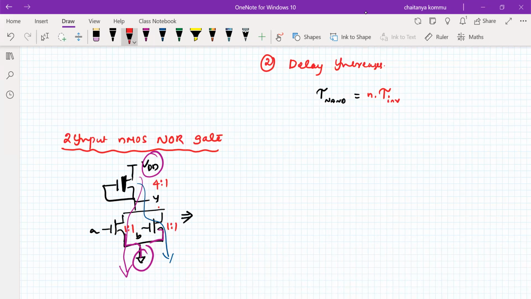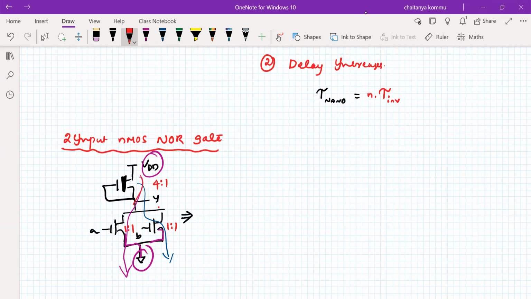So if the number of inputs of the NOR gate increases, it does not affect the dimensions of the pull-up network. Why? Because from VDD to ground, different paths are available, and a unique path must exist.